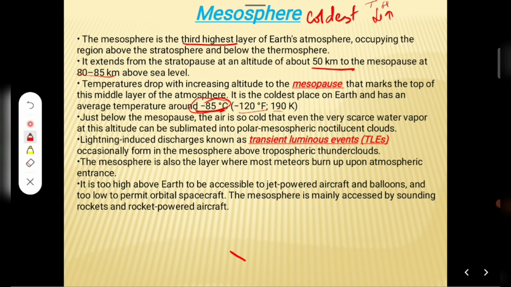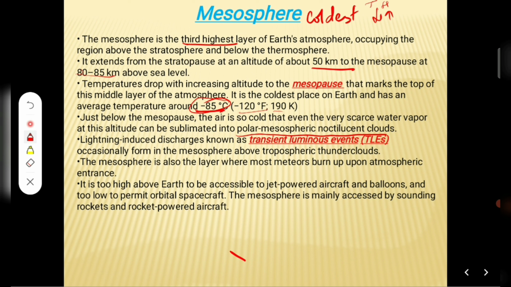Just below the mesopause, it is so cold that the scarce water vapor present sublimes directly into the polar mesospheric noctilucent clouds. Noctilucent clouds, I have given the link in the previous slide, where you can see the details.